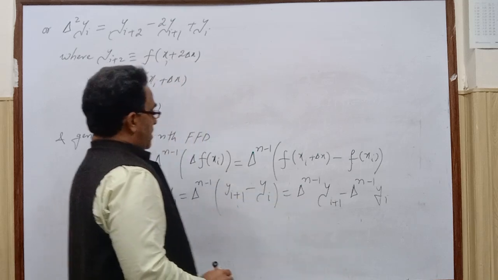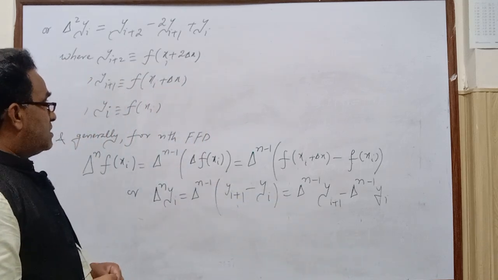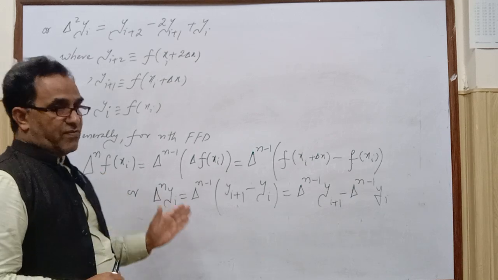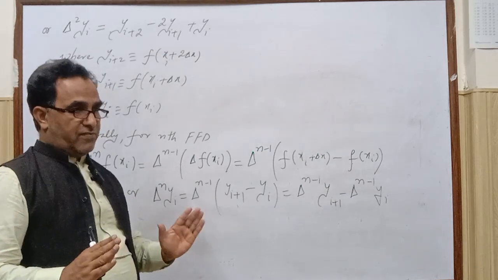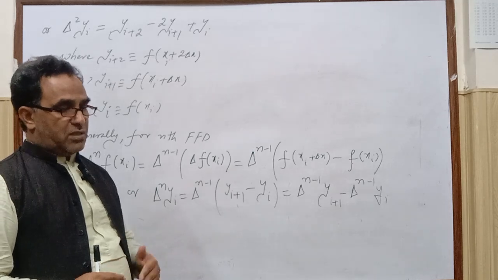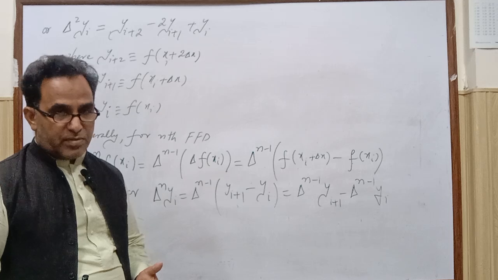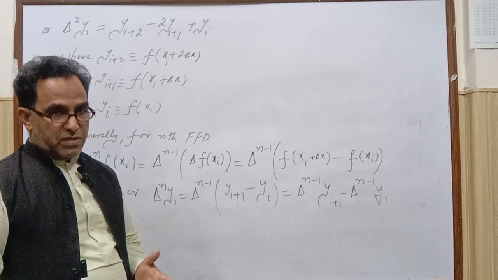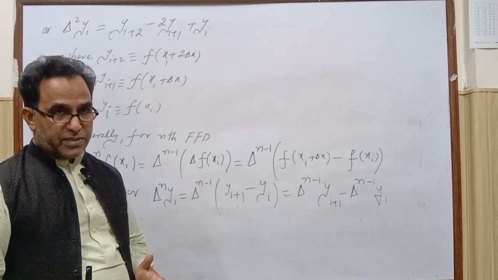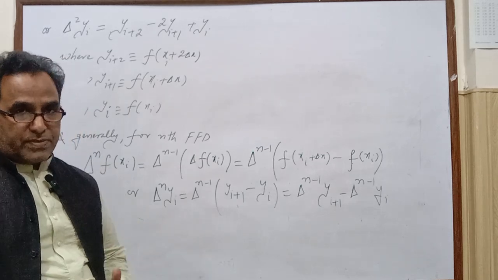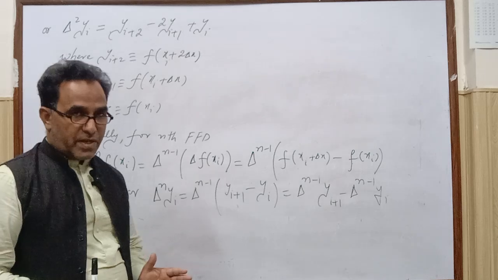Now these different levels of forward finite differences can be written in the form of a table, and the table provides readily available information about different forward finite differences: zeroth order, first forward finite difference, second forward finite difference.